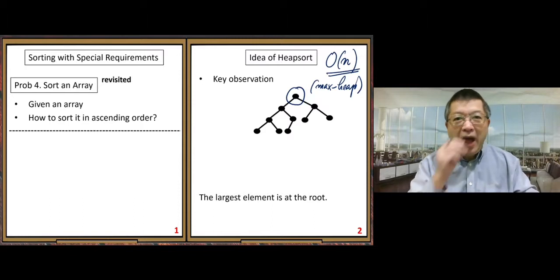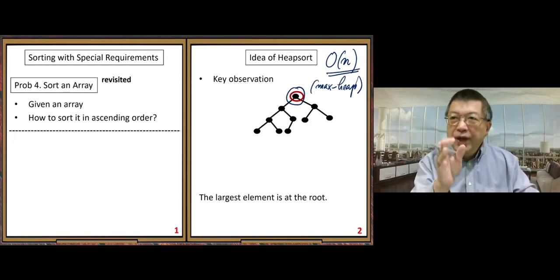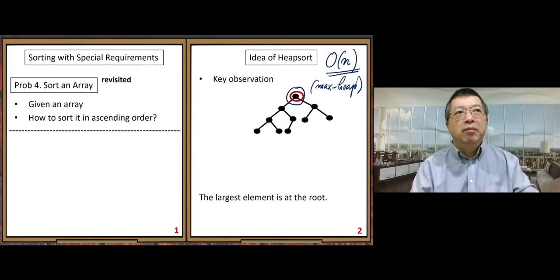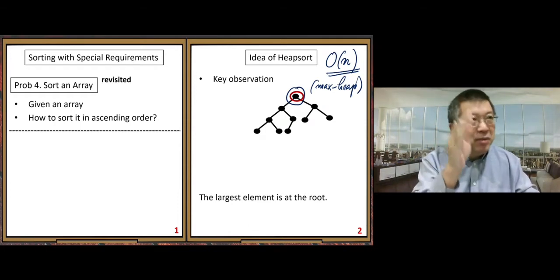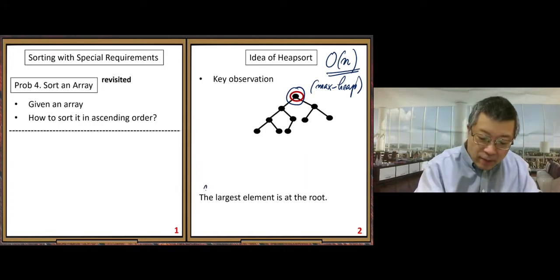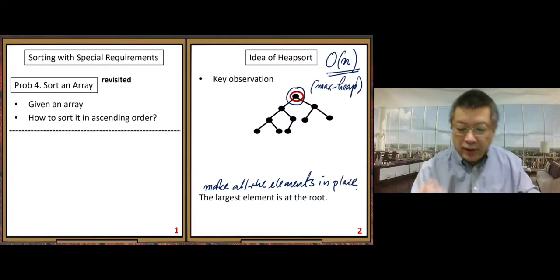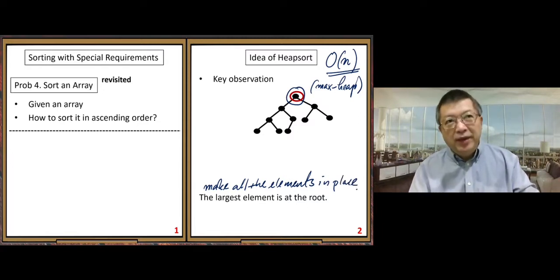After that, our next question. In order to make the whole array sorted, basically, we make all the elements in place, right? When we make the elements in place, we do it one by one.